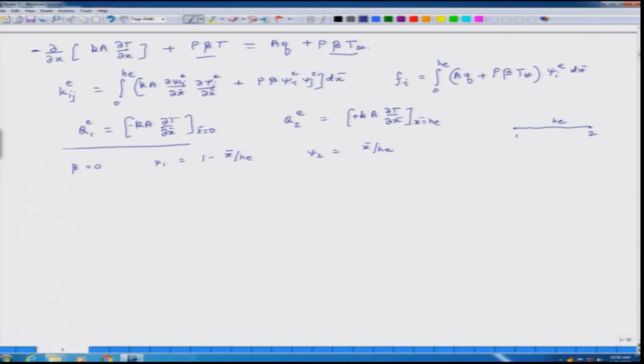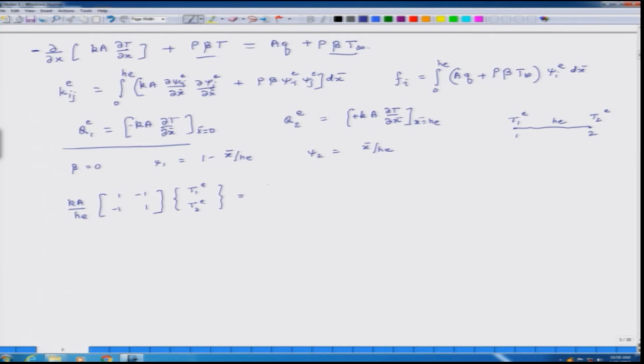So, using these functions, I can also calculate their derivatives, and then my stiffness matrix comes out as, so my overall equation for the element is Ka over He times [1 -1; -1 1], and if I have a linear element, then the temperature at the first node is T1e and temperature at the second node is T2e, and these are unknowns.